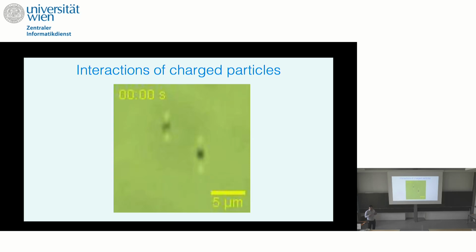So now we have solved the single particle picture. We went on to look at interactions, because this is something they can measure in experiments. This is a pair of particles that they released with optical tweezers, and then they looked at which angles they stay together or are repelled.